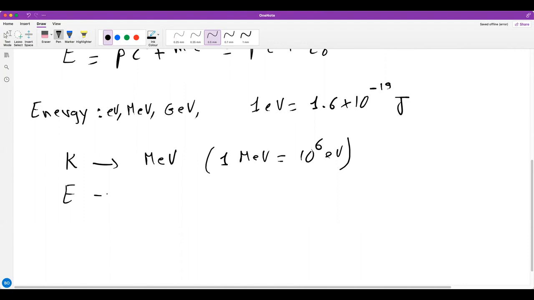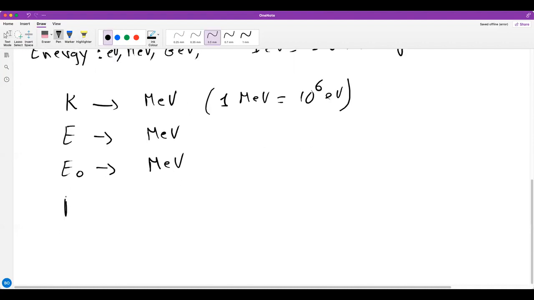Total energy will also be expressed in MeV or eV in general. The rest energy will be expressed in MeV or keV, and the momentum will be expressed in MeV per c, where c is the speed of light.